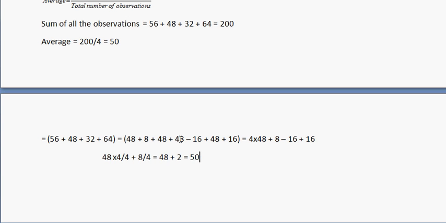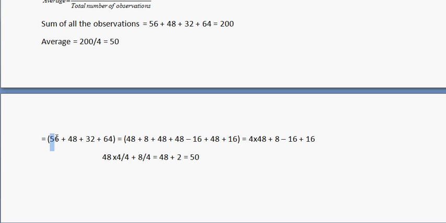So this is an easy way out, to ease our calculations. We just see where the average should lie, and we assume that's the average. We can see from the question that the average would lie somewhere near 48, so we try to make 48 out of all these.